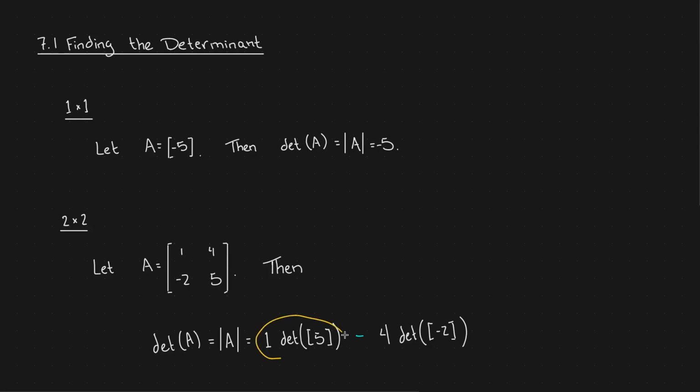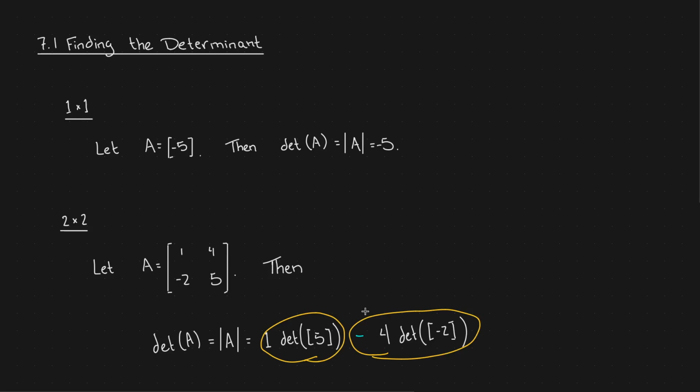Each one of these terms, and I should actually include the sign there, is equal to one of the entries in the first row times the determinant of what's left over after we cancel out the row and column that entry is in.